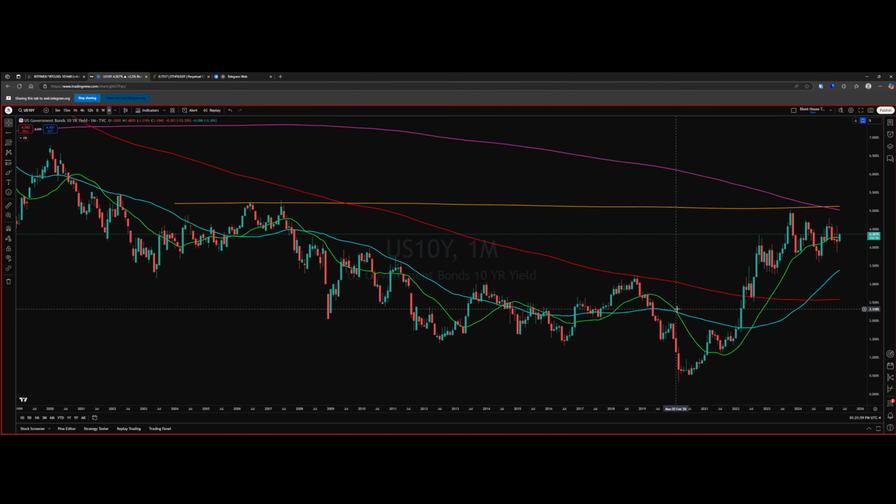So you have the 20 green, the 50 blue, the 200 red, the 500 is pink, and the 1,000 day moving average, and that's 1,000 on a monthly, right? So it's a heck of a lot more days than that, is amber.